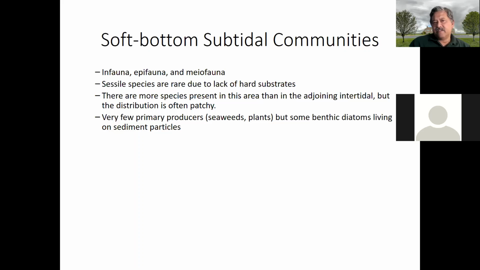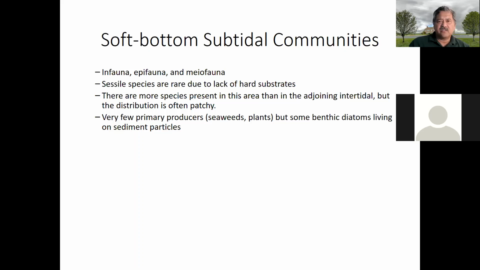That means that in the intertidal area, those organisms are specially adapted to live outside of the ocean, live in the air for hours at a time. And so there's just a smaller number of actual species that do this. But when you get to the subtidal, that means they're all still in the ocean.